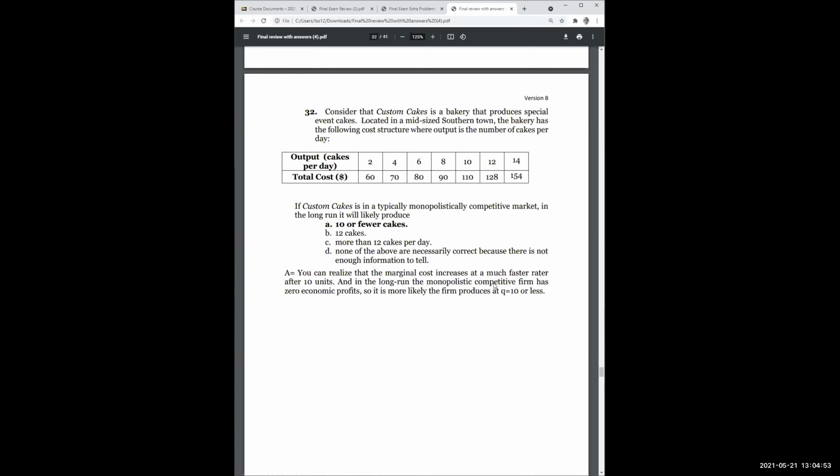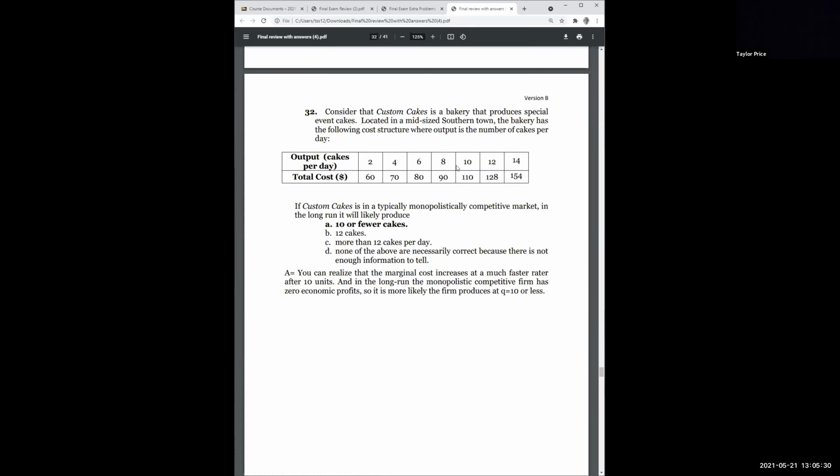So that's why I was really confused. Why would they, because 9 is less than 10? Yeah, it is weird that normally marginal cost doesn't dip. It's constantly increasing. So what I think they're trying to get at with this one is the concept that marginal cost, when it starts to dramatically increase, usually in a monopolistically competitive market in the long run, is a sign that they're not going to produce any more.